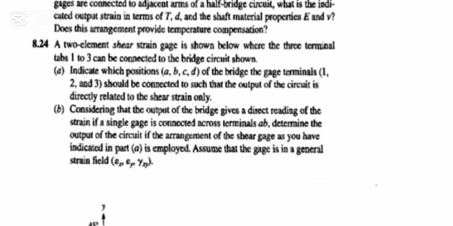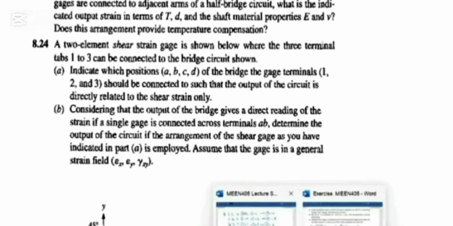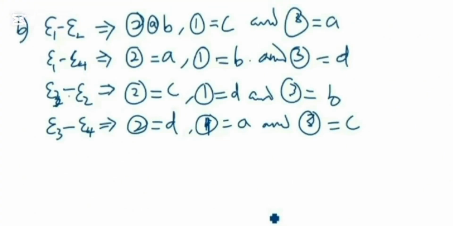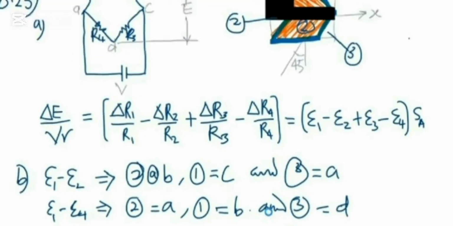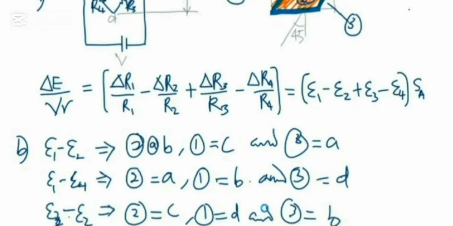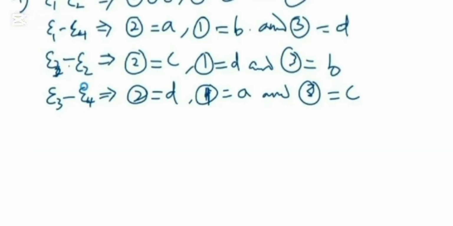What is the output of the circuit? The output of the circuit is actually a shear strain. This is the A part. So the output of the circuit means you are going to prove that equation for the shear.